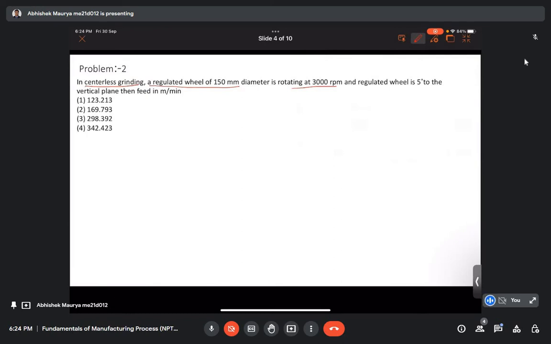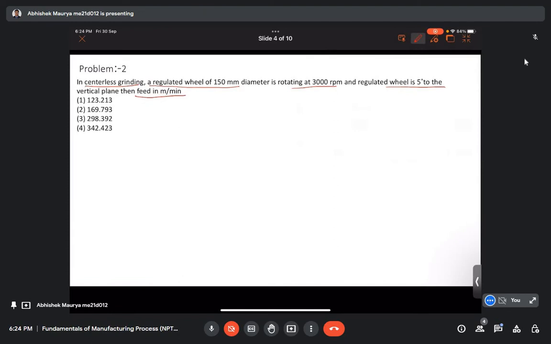Because of this inclination we get feed motion in the workpiece. That inclination angle is 5 degrees. And we have to find out the feed in meters per minute.